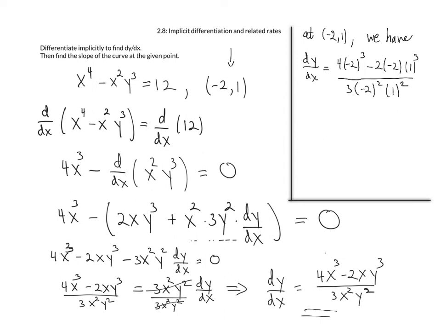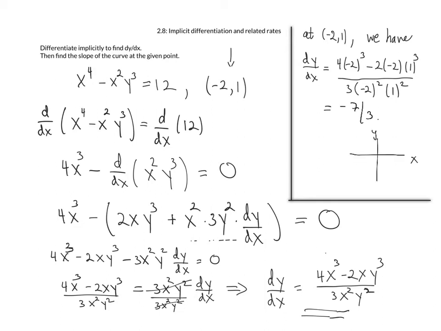So at the point negative 2 comma 1, we have that the derivative is equal to 4 times negative 2 cubed minus 2 times negative 2 times 1 cubed divided by 3x squared y squared, and I've just plugged x equals negative 2 into this equation down here at the bottom, and I've plugged y equals 1 into that equation. And now I just need to simplify, and you should double check that the correct simplification gives negative 7/3. And that is the slope of the curve at the given point.